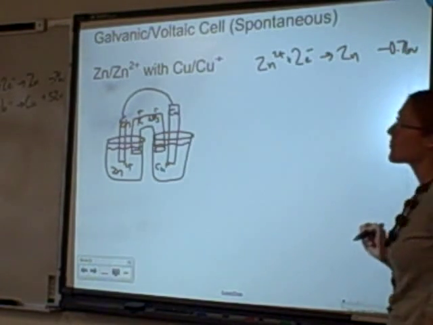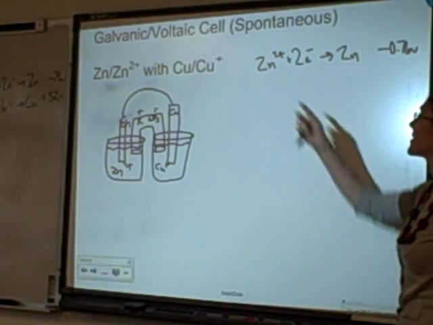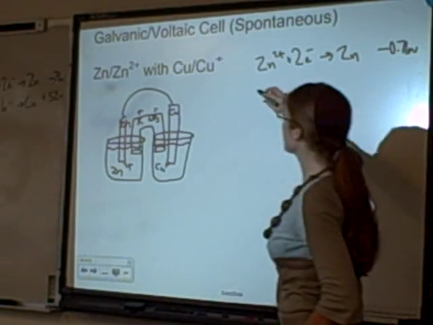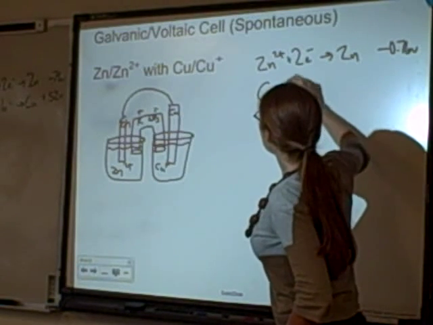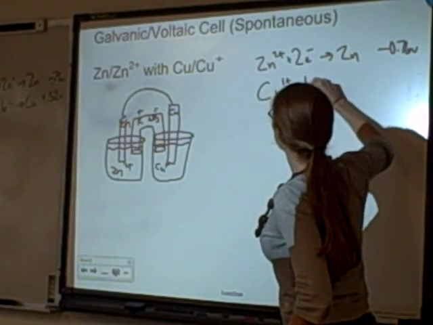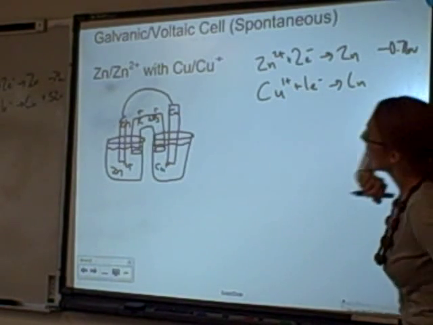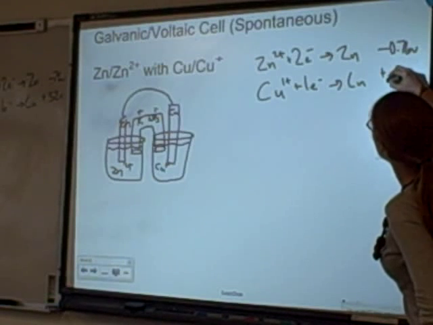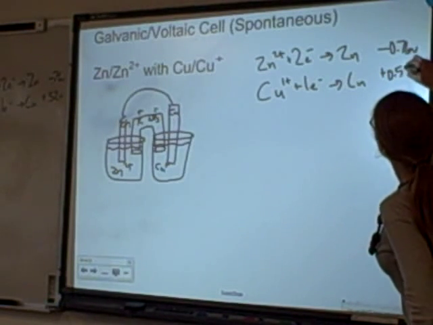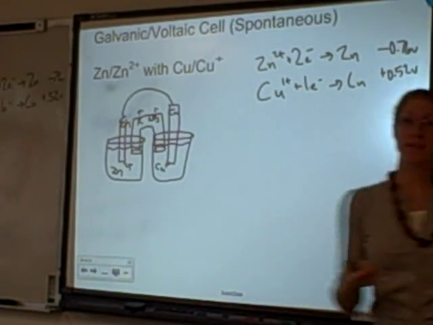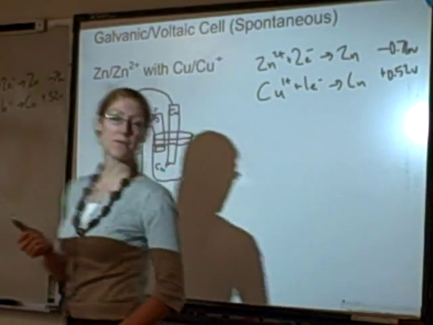So that means when electrons go to the zinc ion, it's an unfavored move by 0.76 volts. I also have Cu+ plus 1 electron going to copper, and this is written as a positive 0.52 volts.